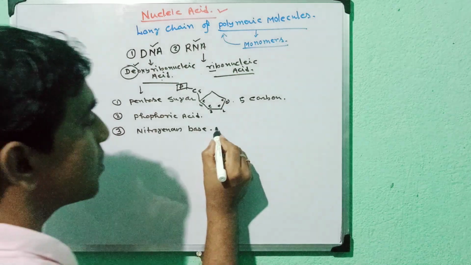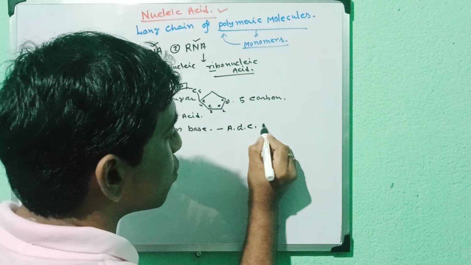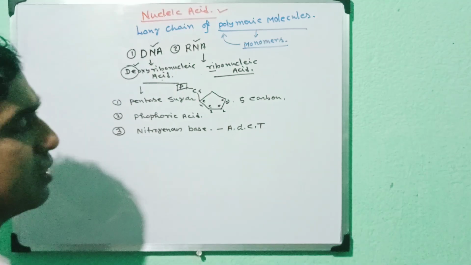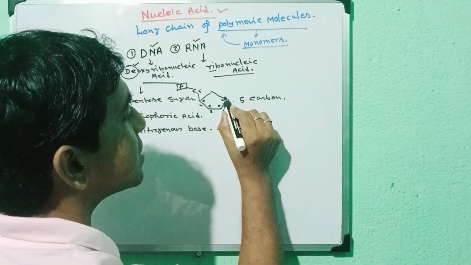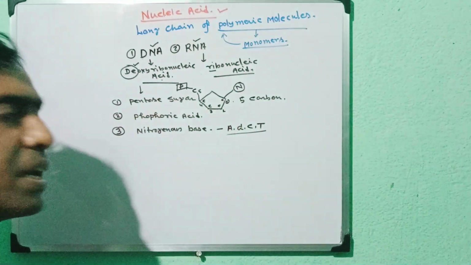In DNA, the nitrogenous bases are adenine, guanine, cytosine, and thymine. These are the 4 nitrogenous bases, also attached at that position.